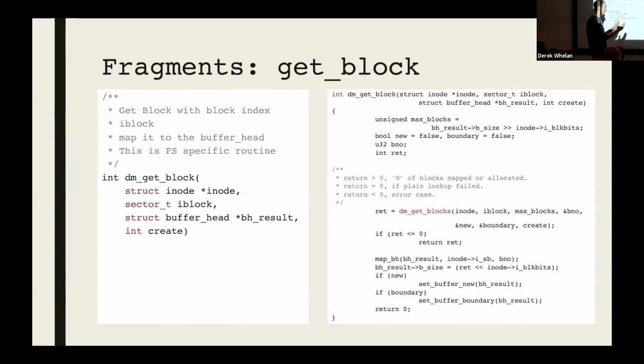So we may need to get two pages and link them together, because buffer head is a structure similar to scatter-gather. Basically, you have a pointer to the data and a pointer to the next structure. We also have some logic for whether we create new buffers or hit the boundary. So if we write more than we really require, we need to do the truncate.